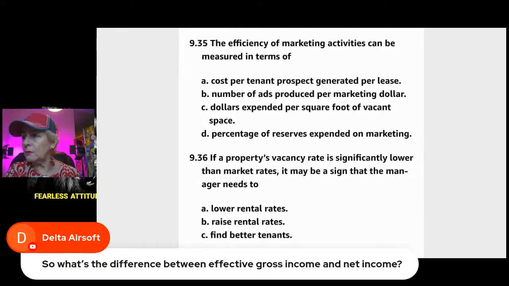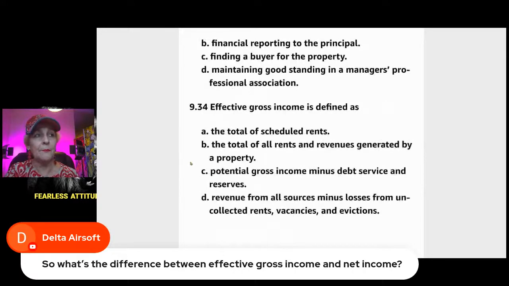So, what's going on here? Effective gross income is your potential rental income at 100% occupancy, plus income from gym fees, parking fees, and the like, storage rooms, and less the losses caused by vacancies.